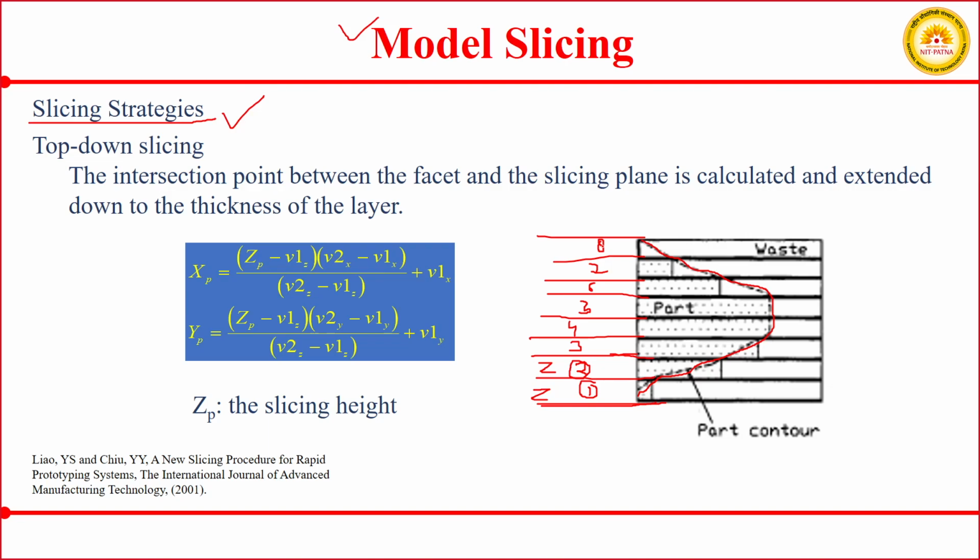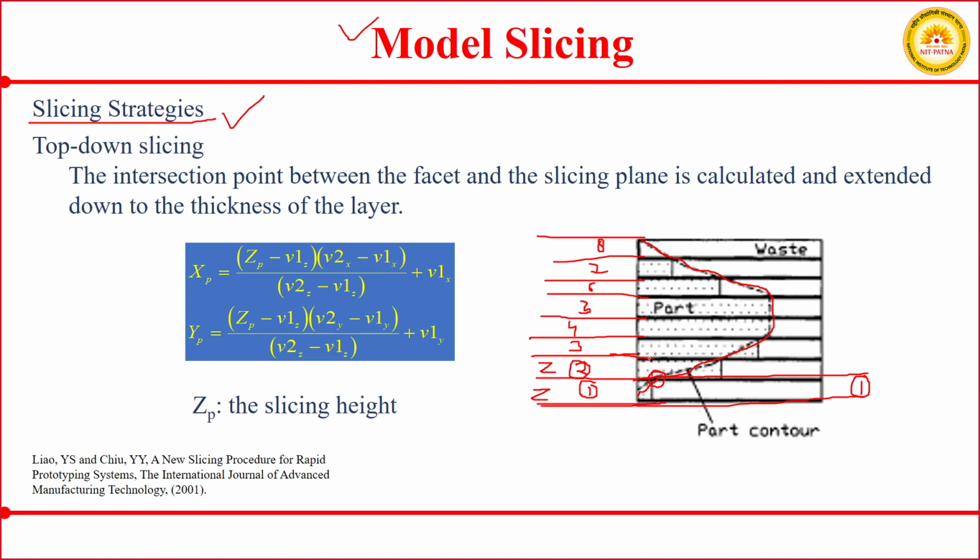And what we could see in the top-down approach is that we consider the top corner of the layer under consideration. For example, let us consider this layer number 1. If we take the top-down slicing approach, we have to consider this particular vertex.